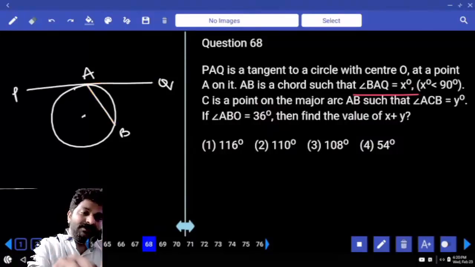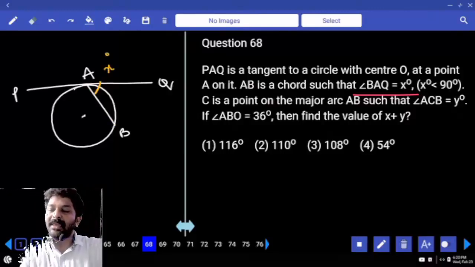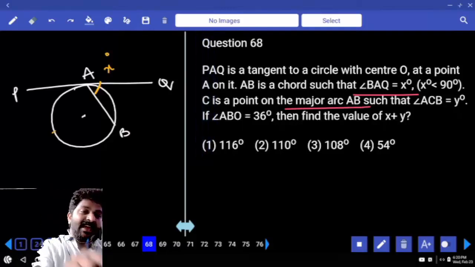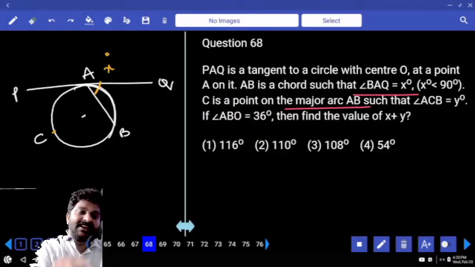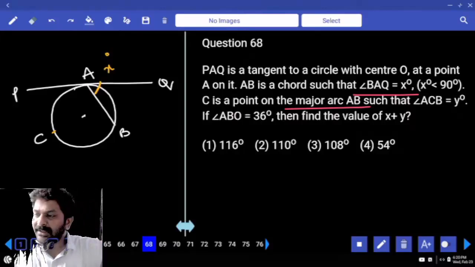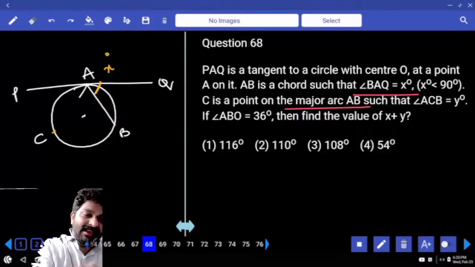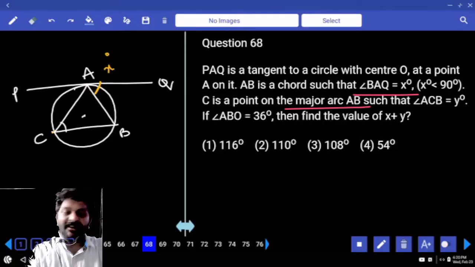So this angle is x degrees. C is a point on the major arc AB. So I'll take C here. AB is an arc, so major side, I am taking the other side. Such that angle ACB is y degrees. This is y degrees.